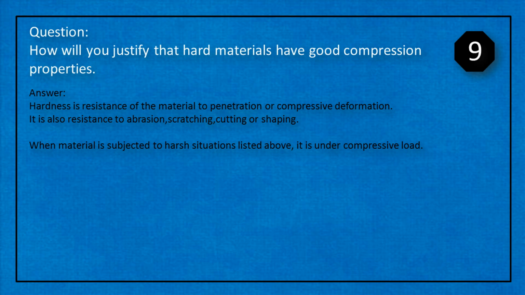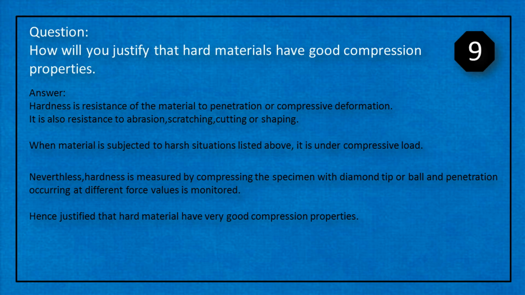When a material is subjected to the harsh situations listed above, it is under compressive load. Moreover, hardness is measured by compressing the specimen with a diamond tip ball, and the penetration occurring at different force values is monitored. Hence justified that hard materials have very good compression properties.